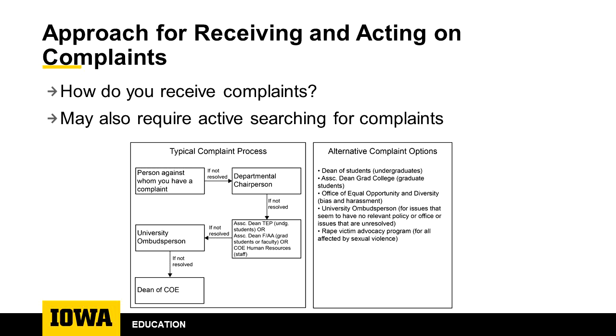If the complaint is not resolved, it should then be escalated to the department chairperson or the unit head. And if that person is unable to resolve the complaint, then it routes to the associate dean for faculty or the College of Education's human resource officer. And if that person is not able to resolve the complaint, then it can be escalated again, this time to the university ombudsperson or to the dean of the College of Education.